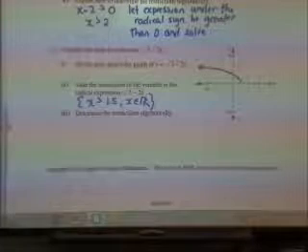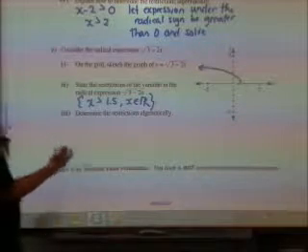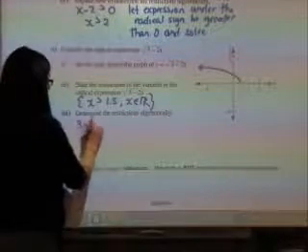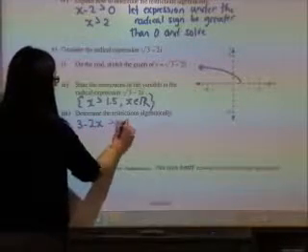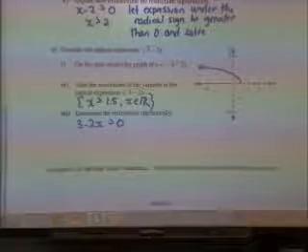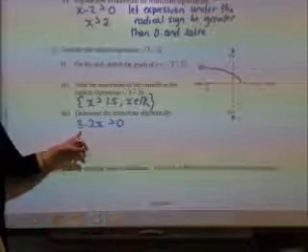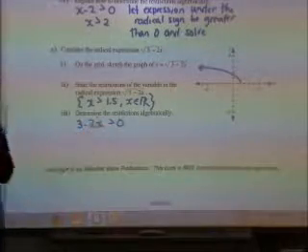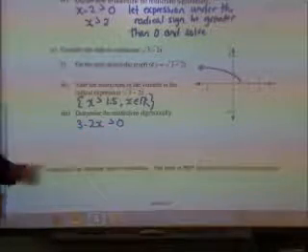So if I wanted to determine this algebraically, I would take what's under the radical sign and say this has to be greater than or equal to 0, because what's underneath the radical sign still needs to be non-negative.